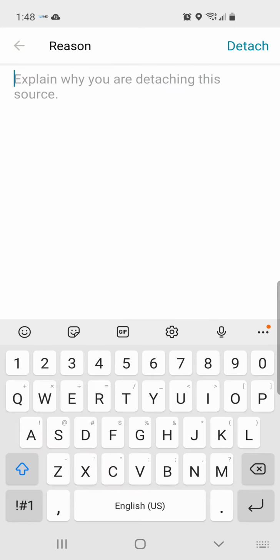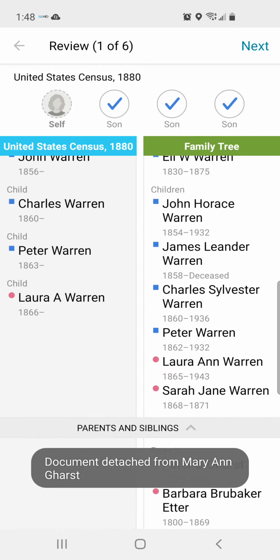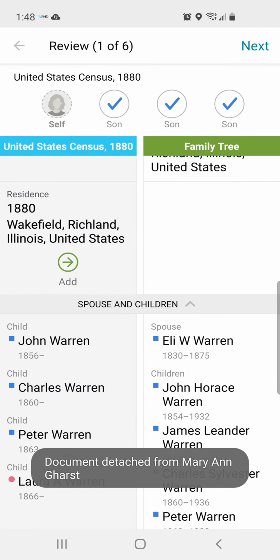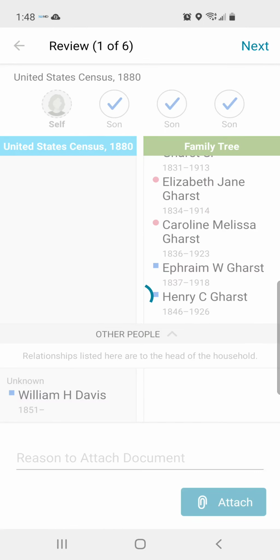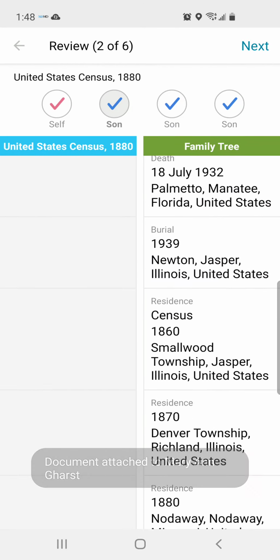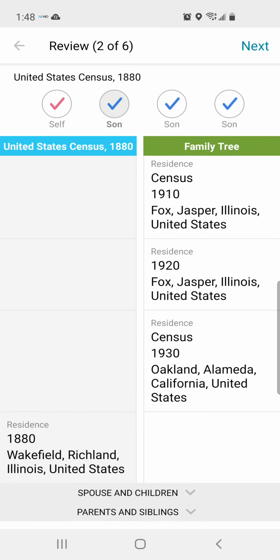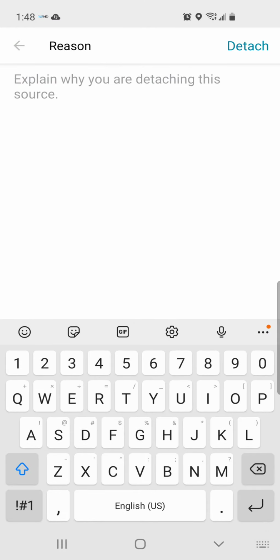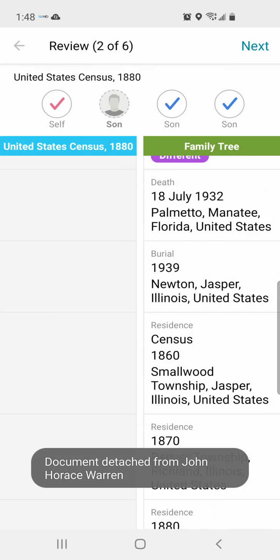So again, I'm going to detach, not say why, because I'm immediately going to, whoops, reattach and attach. And then I'm just going to go through the family group and, what am I betting? This is true for, yep, everybody else. So I'm just going to fix this.